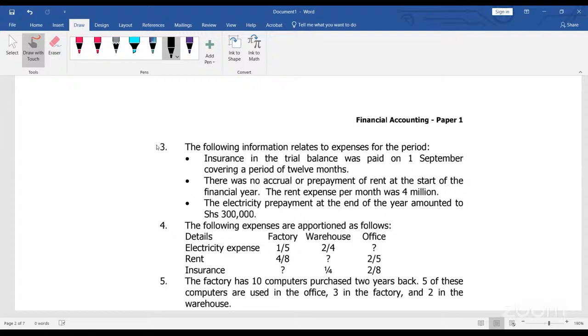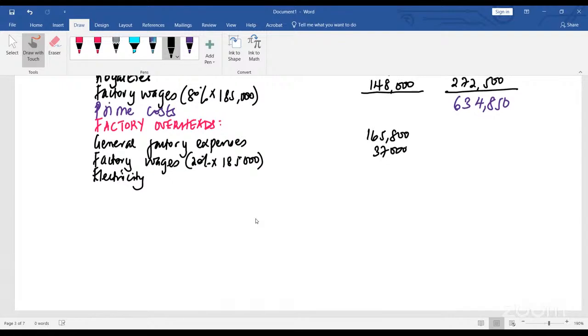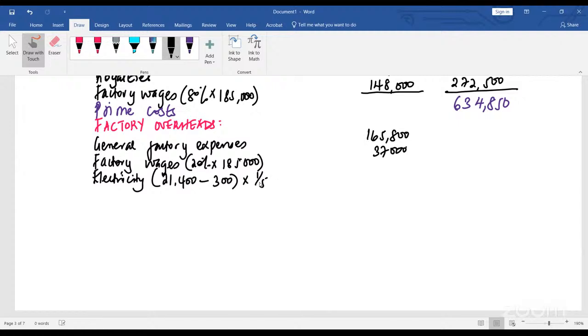According to the additional information in note 3, bullet 3: electricity prepayment at the end of the year amounted to 300,000, meaning that there is a prepayment. 300,000 of electricity is a payment for the next year. So we have to subtract this before we allocate. You write electricity, open bracket, show that 21.4 less the prepayment of 300,000 as per the additional information, but in the factory I take 1/5.